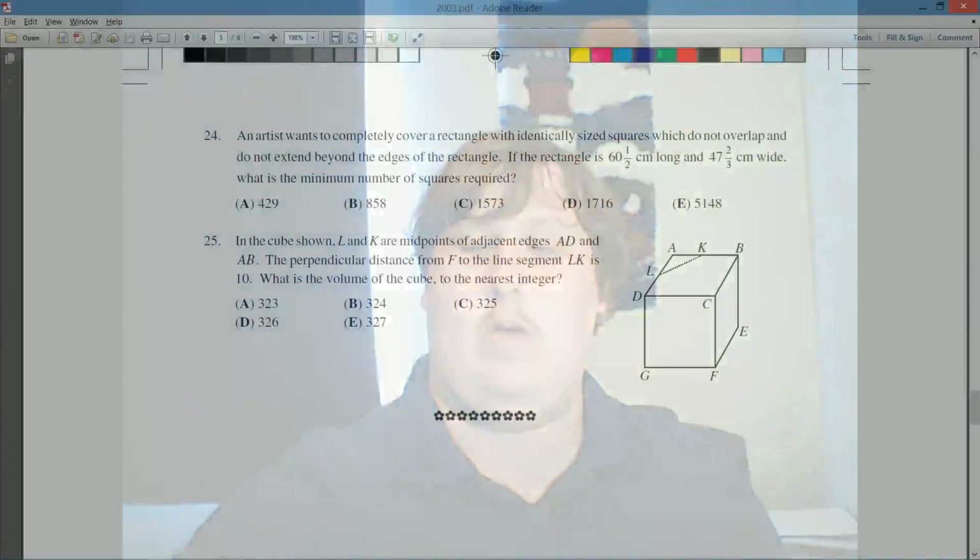Because it'll be, let's call it, say, X or S for side length, or A, or whatever we want. A cubed would then be the volume, because A is the length, the width, and the height. So A times A times A gives us the volume of the cube. So immediately I might want to say, let the side length of the cube be some variable. Let's say A. That's the first thing I'm going to do.